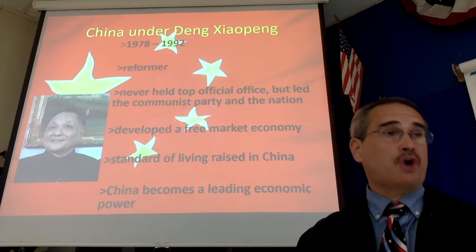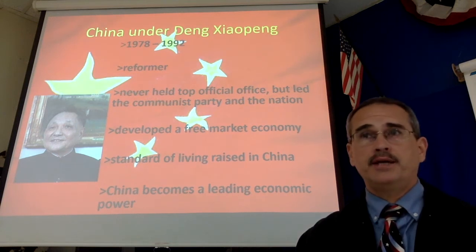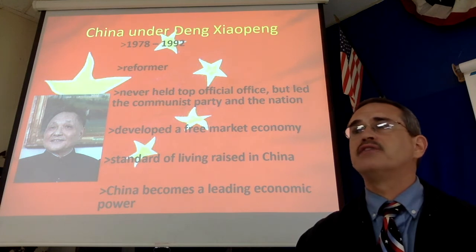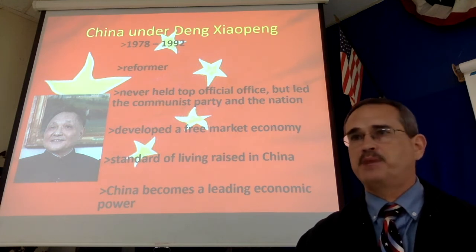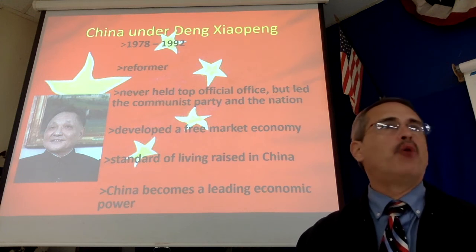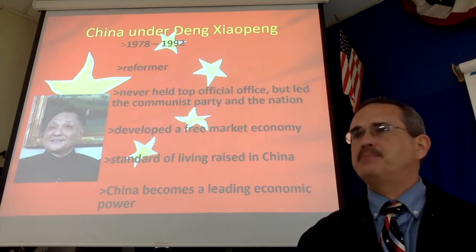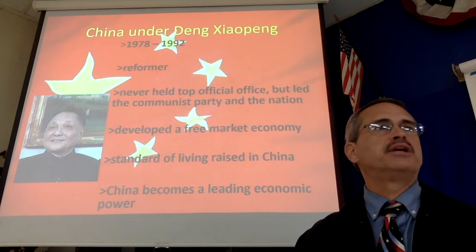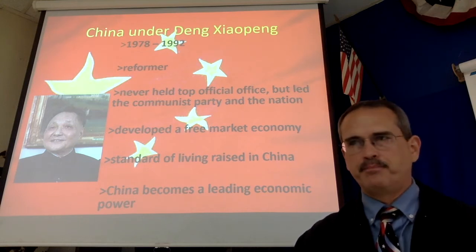And when they start opening up to the world for trade, that does have the effect of starting to give a little bit more freedom to the Chinese people, a little bit more opportunity to travel, a little bit more openness to the rest of the world. Now, it doesn't mean that the communist government still isn't fairly totalitarian, but it does mean that their opportunities and their freedoms start to increase a little bit.